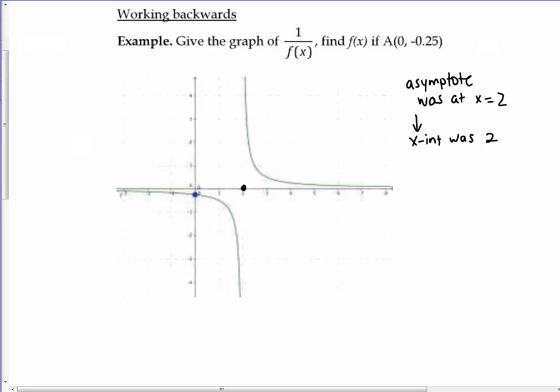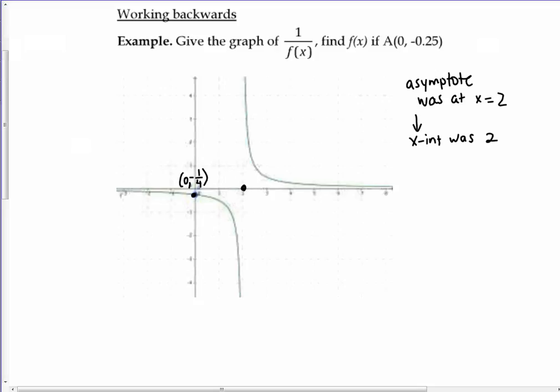Agreed? Sorry. They also give you another point, right? They give you a, and they say a is equal to 0 and instead of -0.25, what is that? -1/4.